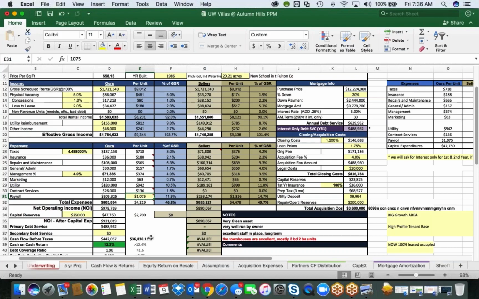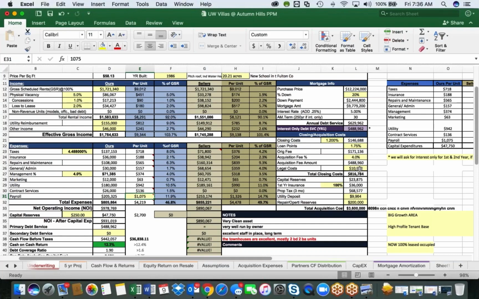That's awesome. Yeah, exactly. And then the other part is the closing acquisition cost. Closing cost about 1.2%. Loan points, I put 1.75, because sometimes the loan broker charges 1% and maybe the lending institution will charge 0.75. This can all be changed. Remember, all these yellow cells can be changed.